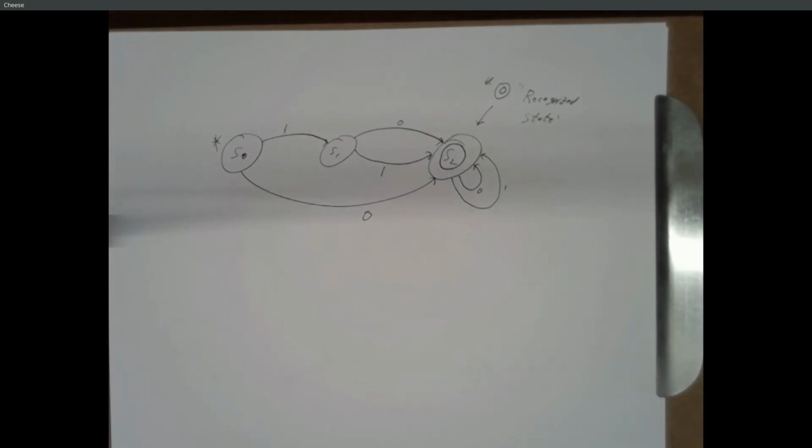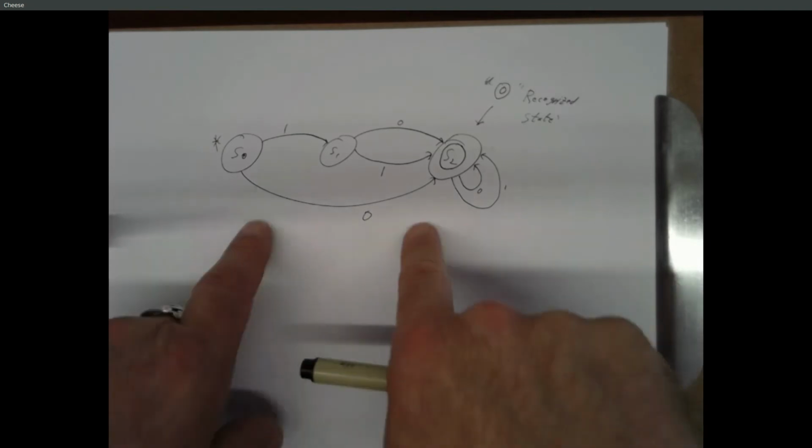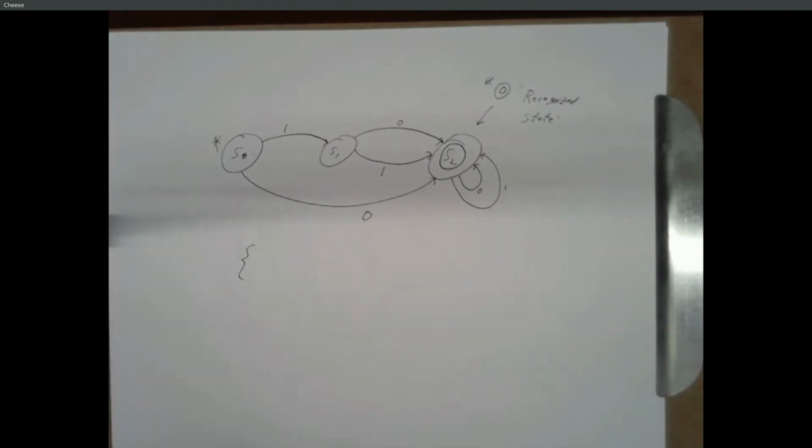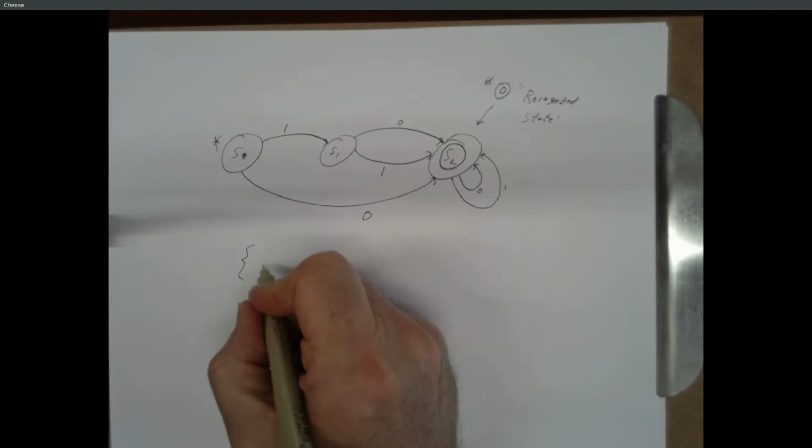And we can build state machines that recognize parts of a language, or like I said, you can make something that recognizes valid syntax in a program, and so on and so forth. So for this machine, what sorts of strings would this recognize? What are some input strings that would get us to the recognized state? 1, 0.